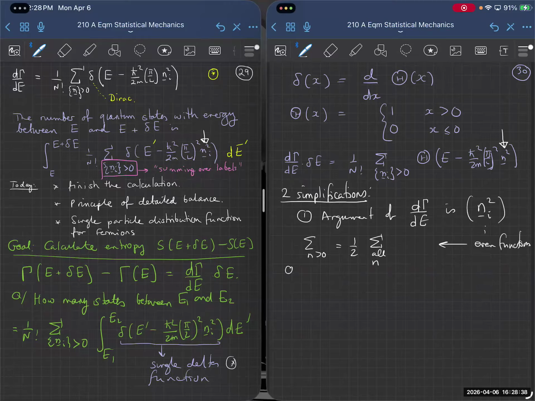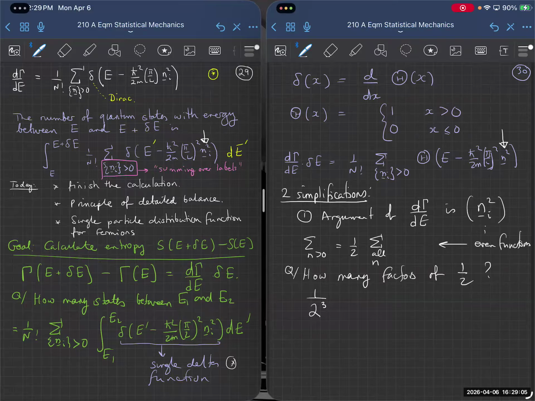but how many factors of half do I get? I have 1/2 for each dimension. For each particle, I have x, y, and z. So that's 3, so I have 1/2 cubed.